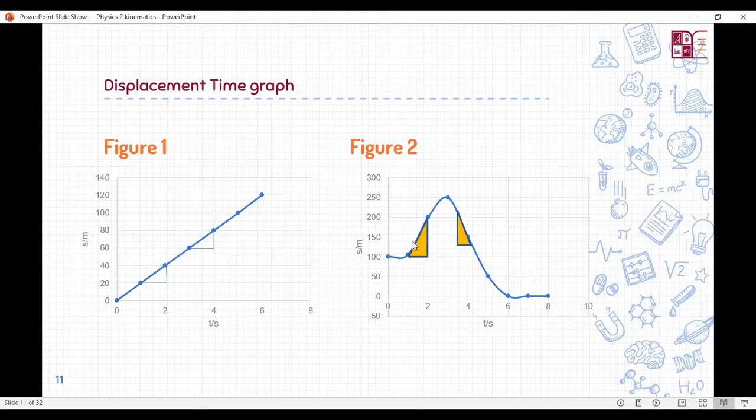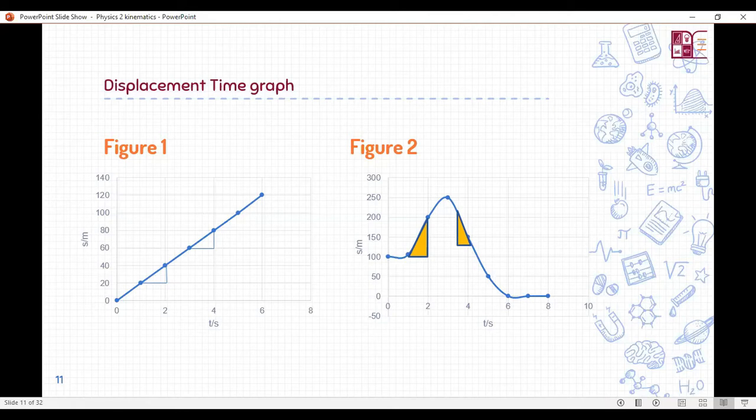When the displacement is increasing, the body is moving in the same direction as the displacement, whereas when the displacement time graph is going down, the body is moving in the opposite direction of the displacement.